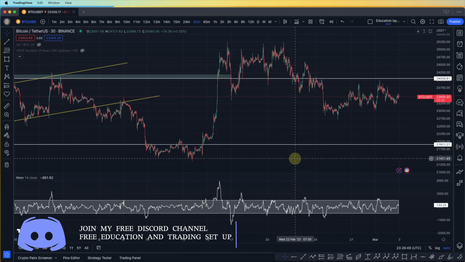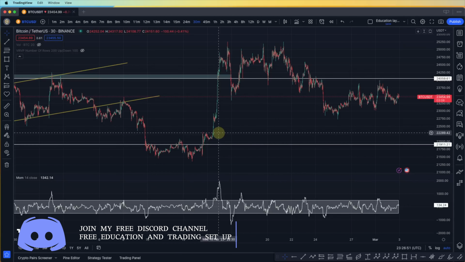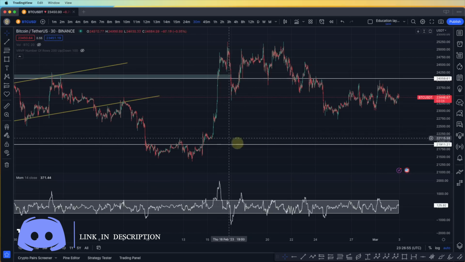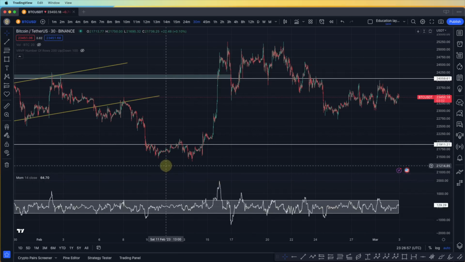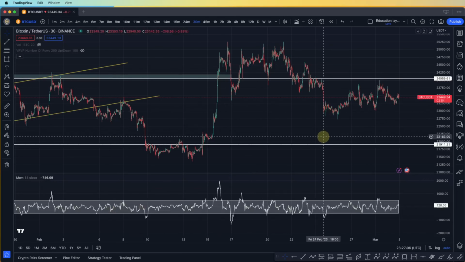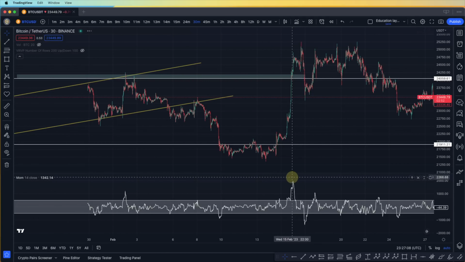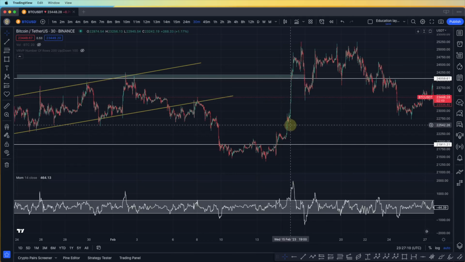This one shows the last 14 candles, but we do not use it the same on a different time frame. We need to adjust our level for the different time frame. And this is good confirmation for us.